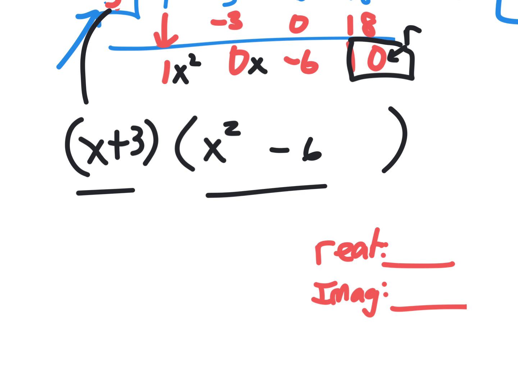Hint, solutions are what makes the thing equal 0. Seiji, what's the real solution? All right. You do need to say x equals negative 3. I know it's picky, but math is picky.